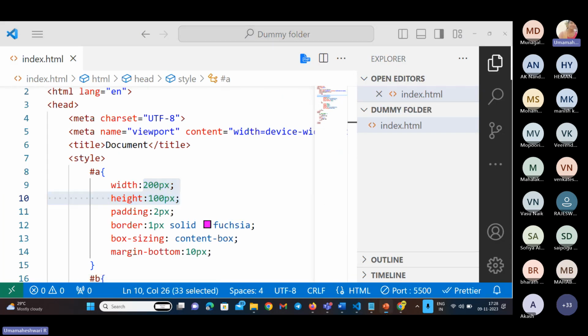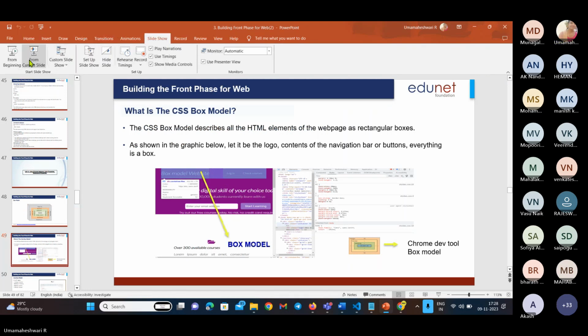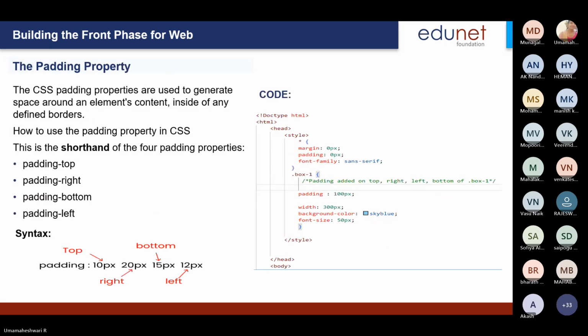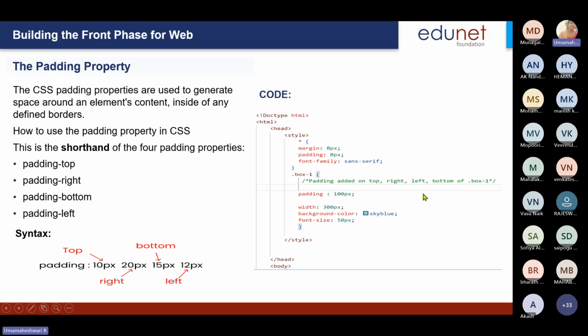So next we will go with the next thing. So this is a first layer, that is a content, and second is padding, and third is border and the margin. Padding is used to generate the space around the element content and inside of any defined border. So that is going to be padding. And here I've got padding top, right, and bottom and left.